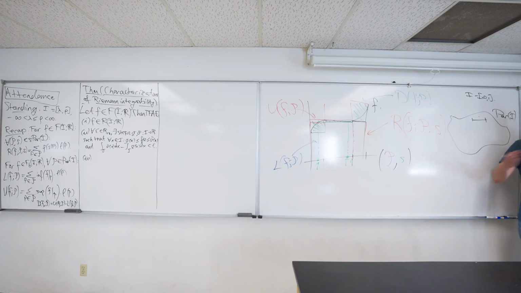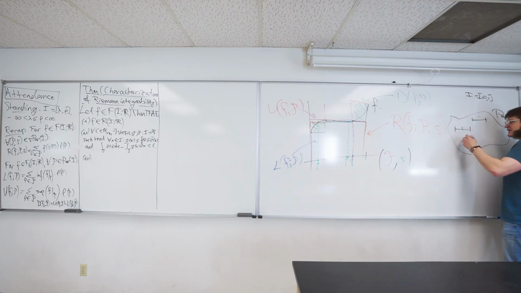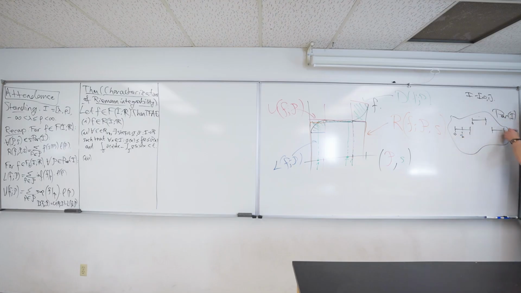Somewhere here is 0, 1 half, 1. Somewhere here is 0, 1 half, 1 over 4, 1. Somewhere here is something more complicated. This is the set of all partitions like this. Is it a sequence?